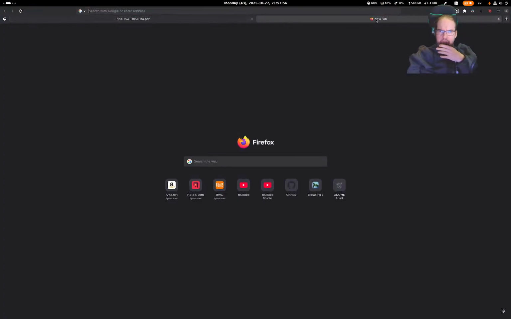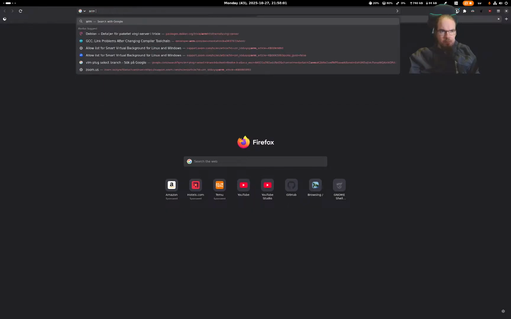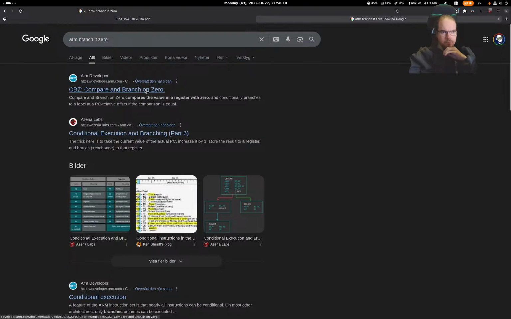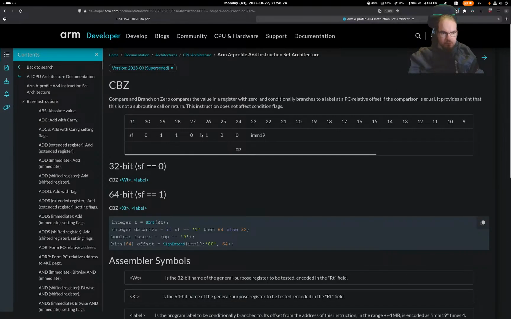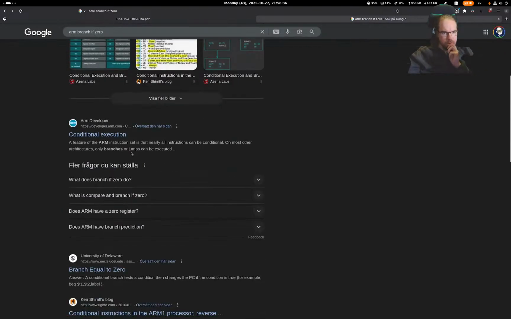I can remember something like ARM branch if 0. Compare and branch on 0. Yeah, but I don't remember if that was the one. Was it?